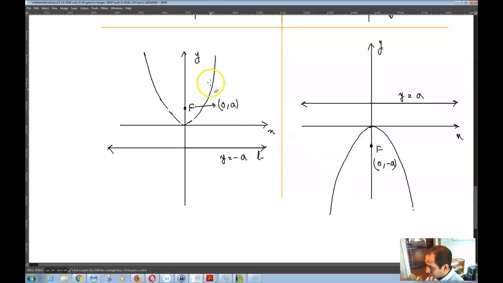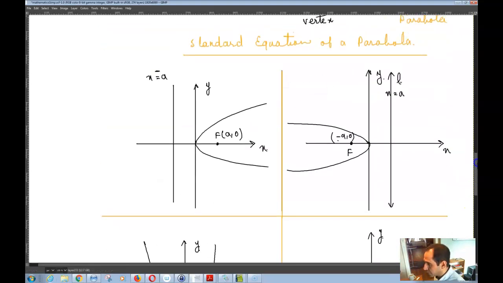And depending on which configuration you have, you will have mainly two different variations of the equations for these parabolas.